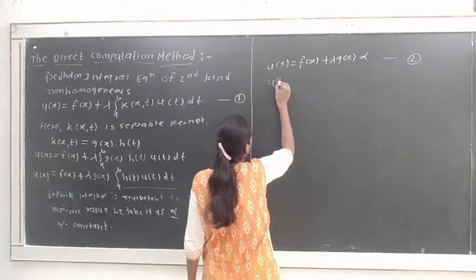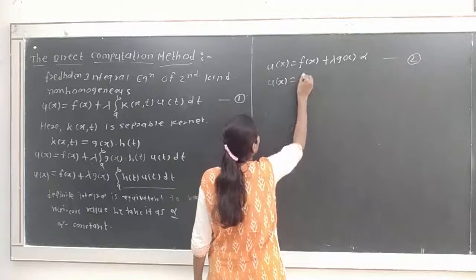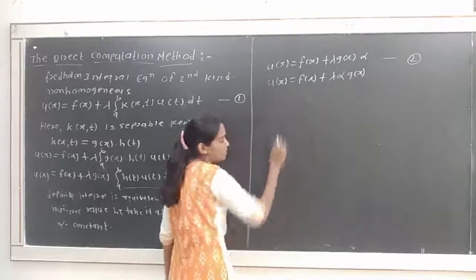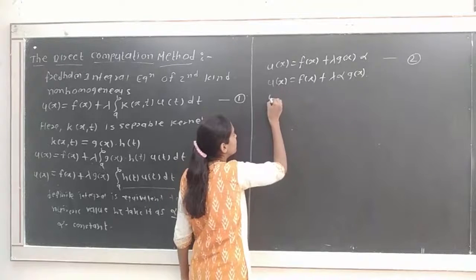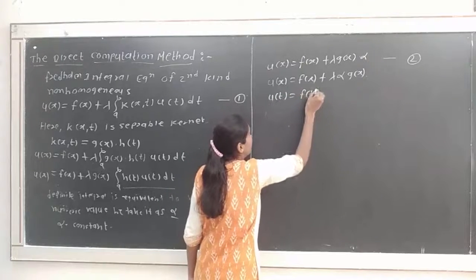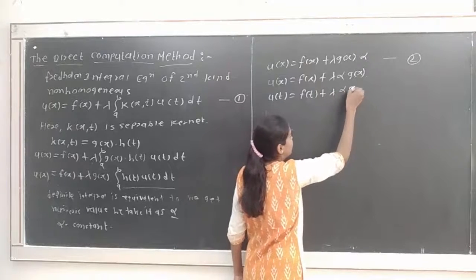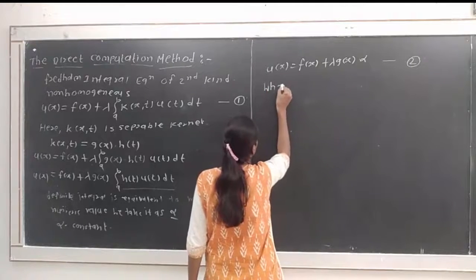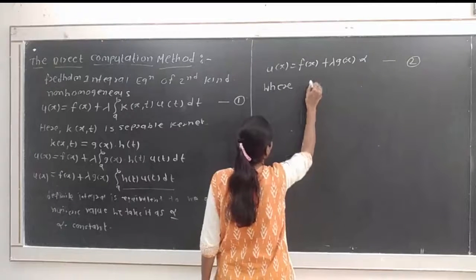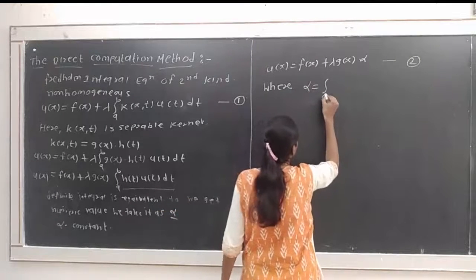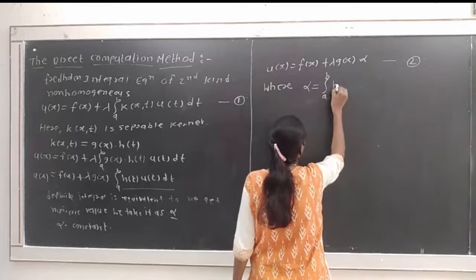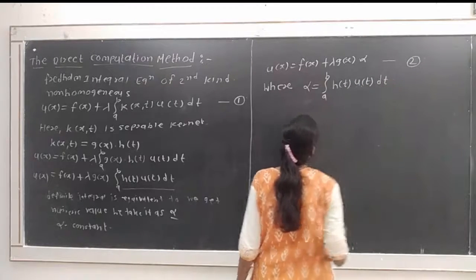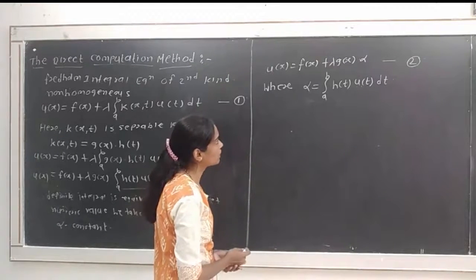That is, u of x is equal to f of x plus lambda alpha into g of x, and from that we can write in variable t, u of t is equal to f of t plus lambda alpha into g of t, where alpha is equal to integration from a to b h of t into u of t dt.